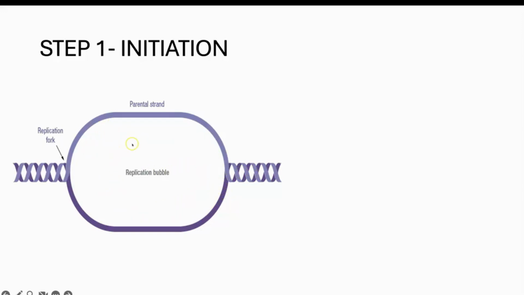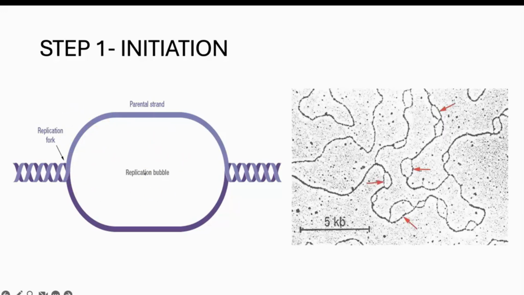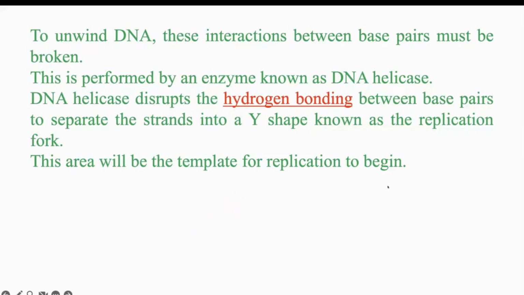That is, it is unwinding, giving the signal that it is ready to replicate, and this bubble formation in the original position we call a replication bubble. Under the microscope we can see chromosomes with the replication bubble, which indicates that the cell is ready for replication.